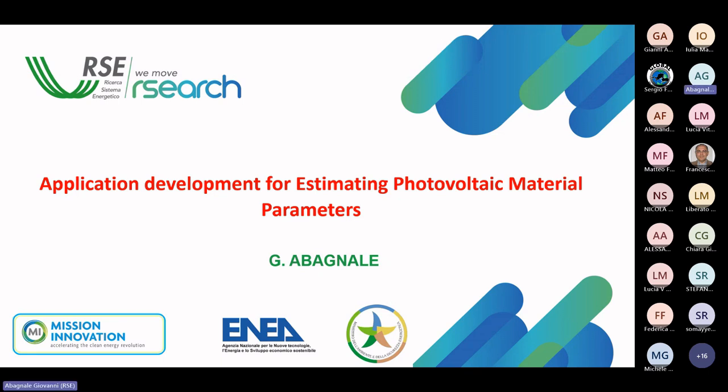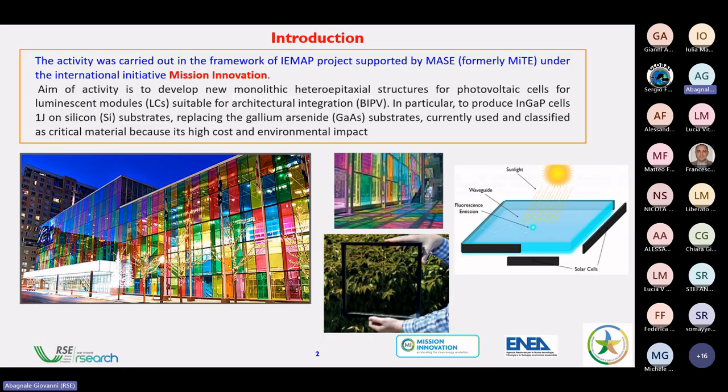The aim of the activities is to develop a new monolithic heteroepitaxial structure in order to get a single-junction photovoltaic cell for luminescent modules suitable for building integration, replacing the gallium arsenide substrate with a silicon substrate in the production of this kind of device, and so reduce the cost and environmental impact.